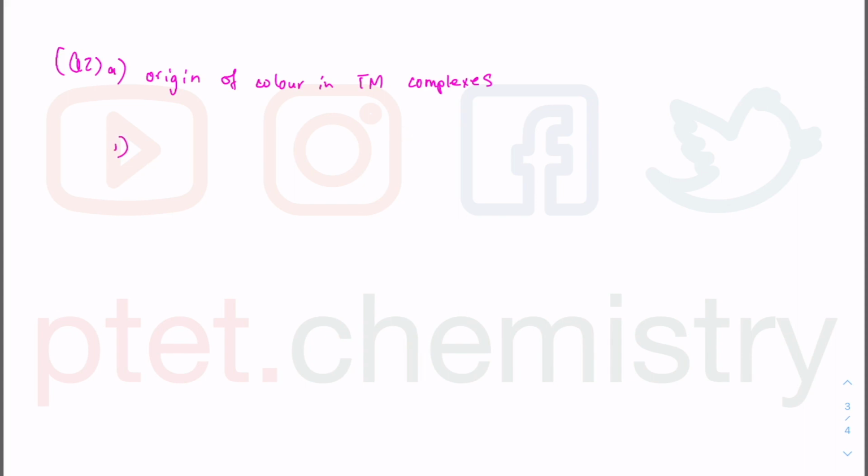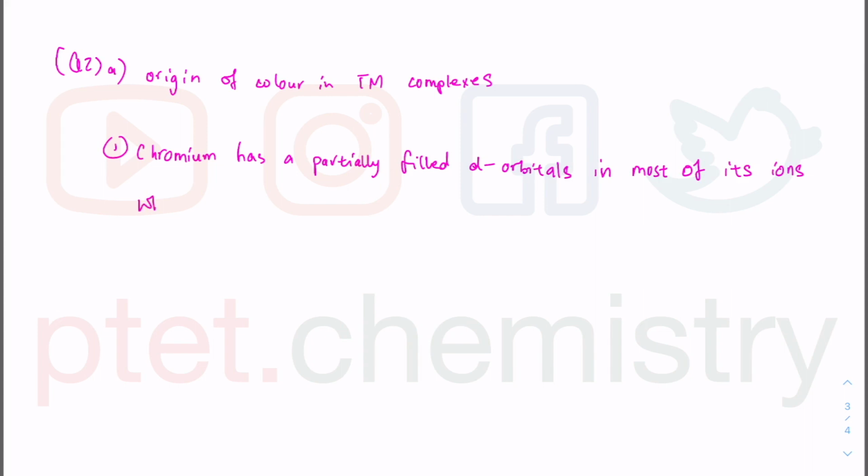In the context of this question, I will say that chromium has partially filled d orbitals in most of its ions when forming complexes or compounds.